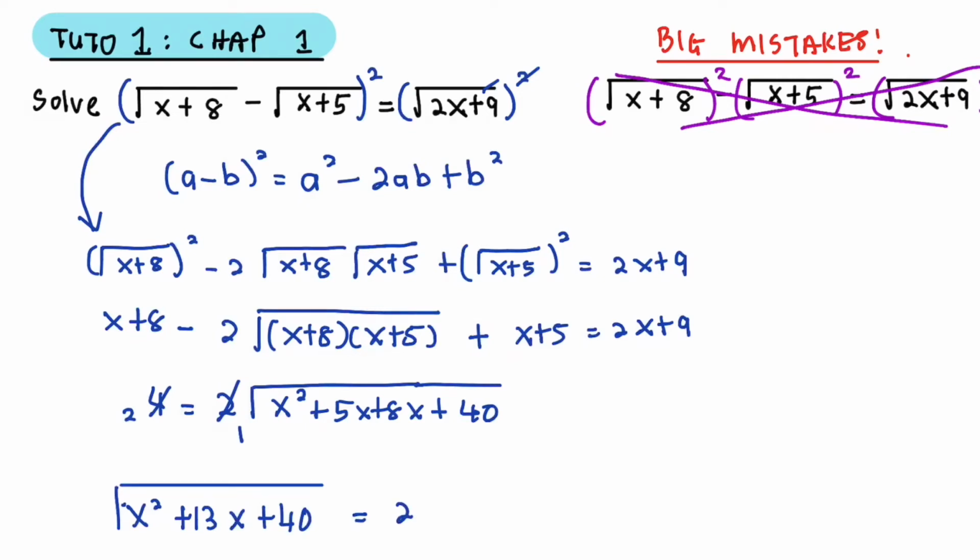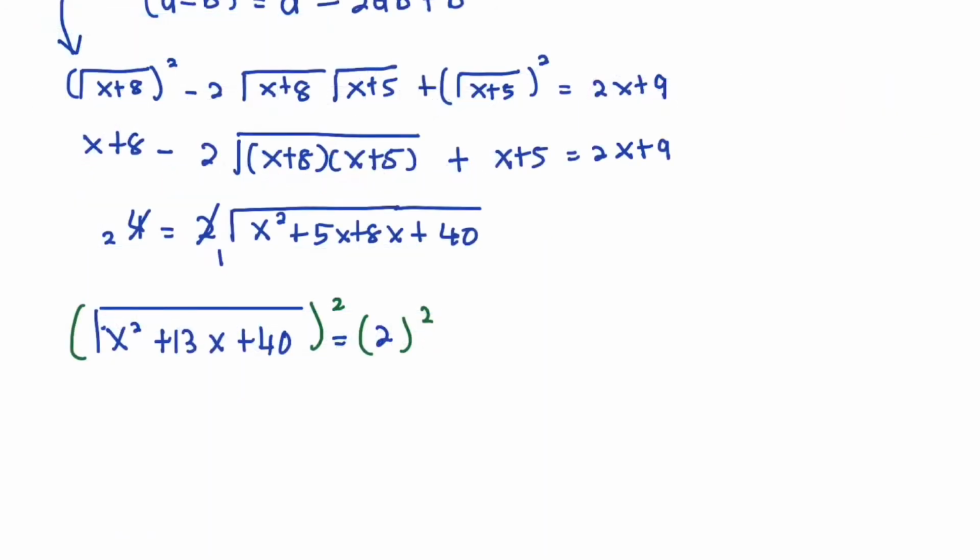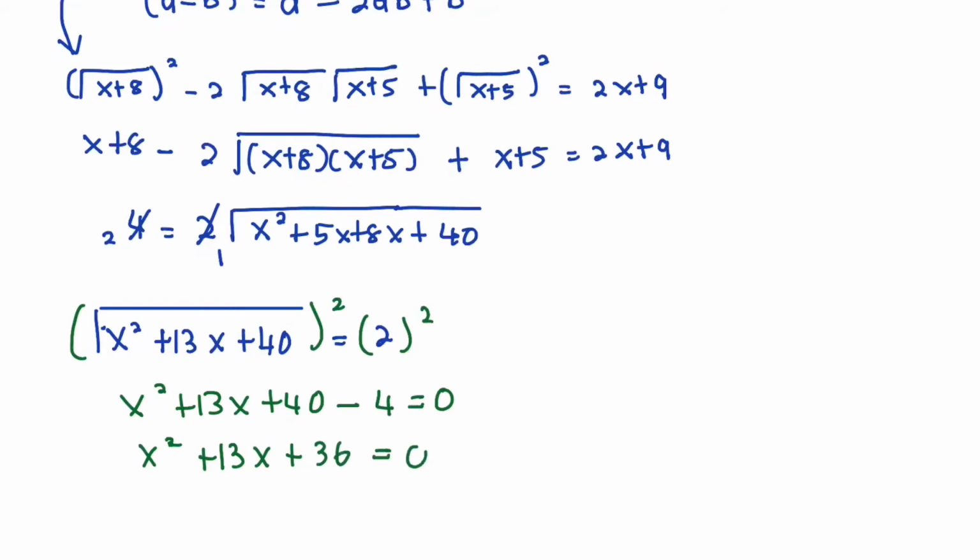Again, square both sides, so it will leave you with x squared plus 13x plus 40 minus 4 equivalent to 0. Simplify, you're going to get x squared plus 13x plus 36 equivalent to 0.